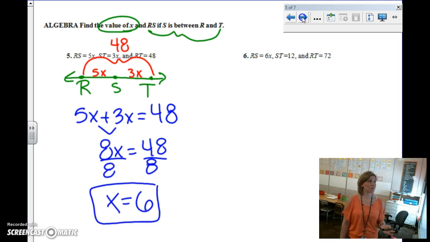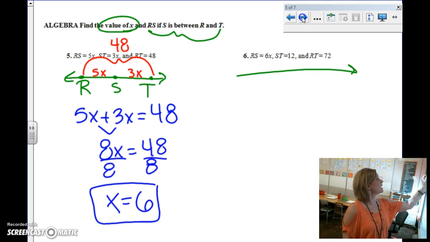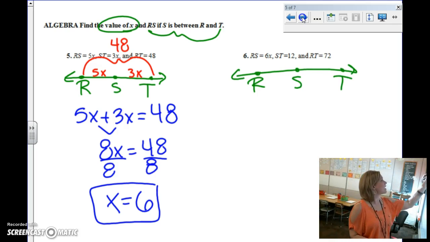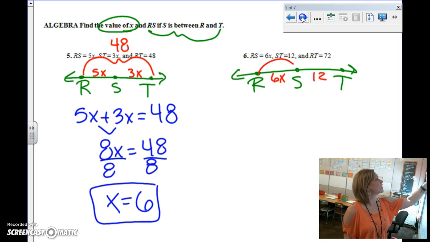All right, go ahead and pause and try doing number 6 all by yourself. All right, we're going to go through number 6 real quickly. Draw your line. Same thing, R, S, T. RS is 6x, ST is 12. The whole thing is 72.